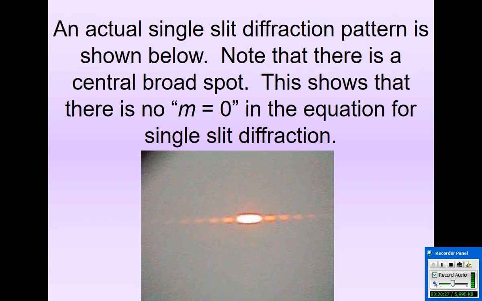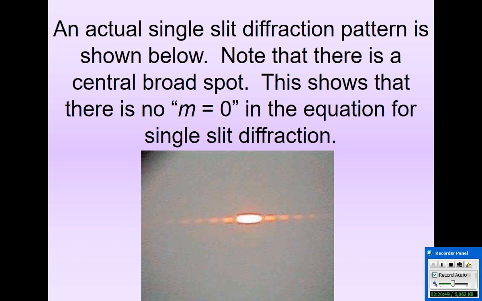There is a broad, bright spot at the very center of the single-slit diffraction pattern, and then there are lesser spots trailing off to one side or the other side. In the equation for single-slit diffraction, we are not looking for the bright spots. We're looking for the dark spots.